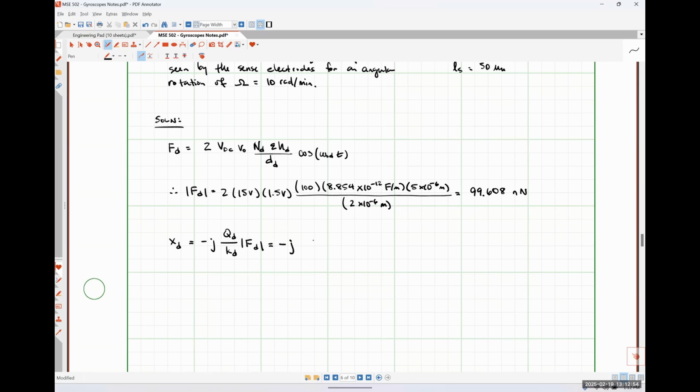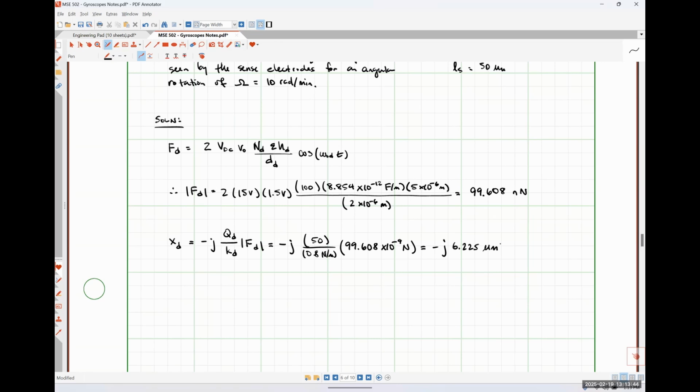So that's going to look like negative J times 50, because quality factor is a dimensionless quantity, over 0.8 newtons per meter times 99.608 times 10 to the minus 9 newtons, which winds up being negative J 6.225 microns, where once again, that negative J just means that our drive mode displacement is lagging behind our actuation force by 90 degrees.